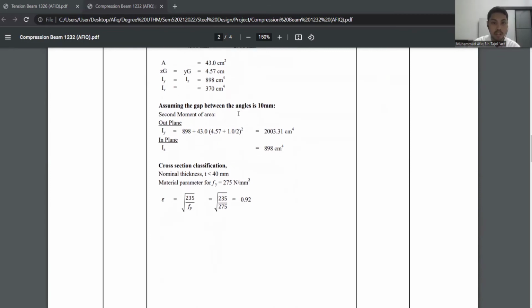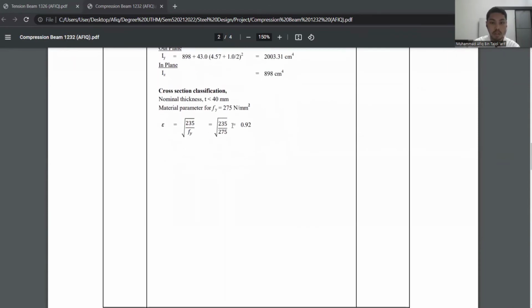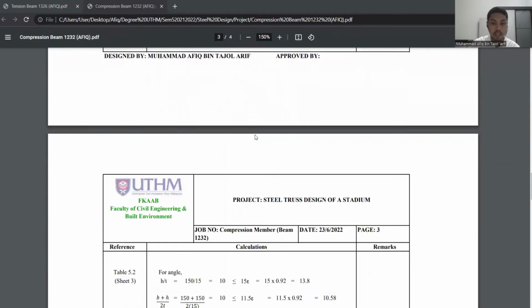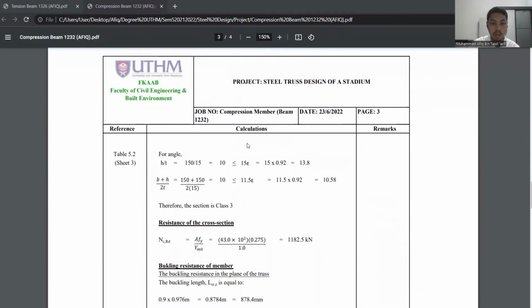We calculate the second moment of area for out-of-plane and in-plane, so the value of Iy is 2003.31 cm⁴ and Iz is 898 cm⁴. For the cross-section classification, we got class 3.